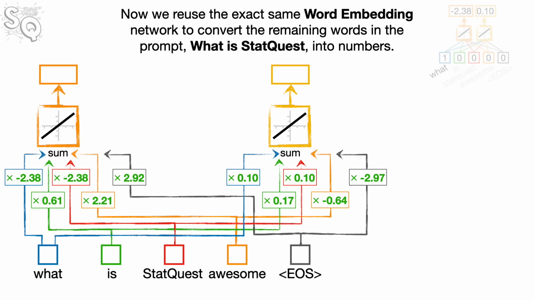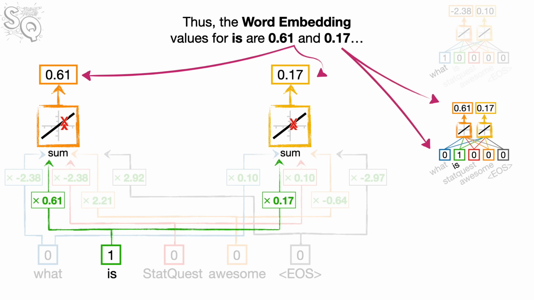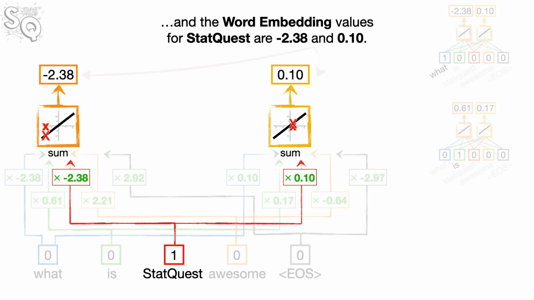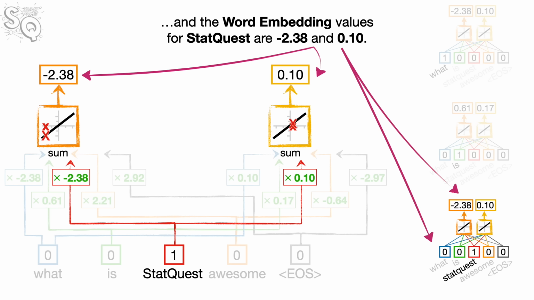Now we reuse the exact same word embedding network to convert the remaining words in the prompt, what is StatQuest, into numbers. Thus, the word embedding values for is are 0.61 and 0.17, and the word embedding values for StatQuest are -2.38 and 0.10.